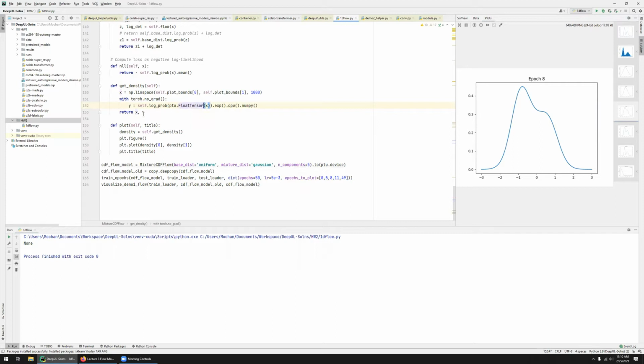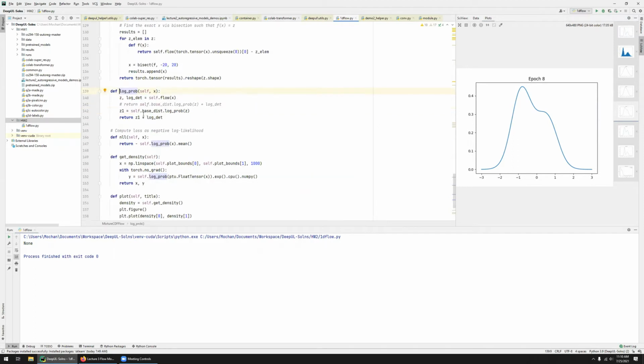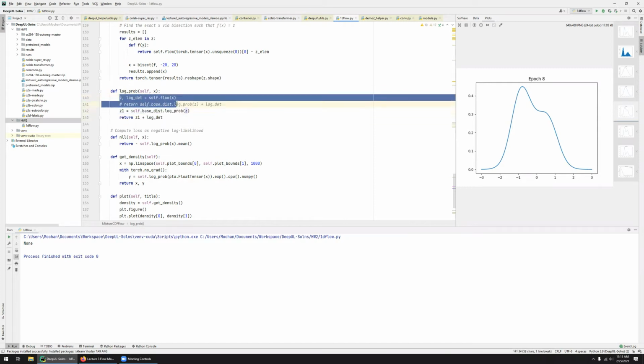So what exactly is log probability doing? I changed this line to 2 lines here, but it's the same idea. Given X, you send it to flow, and it gives you Z and the log determinant back. This is the place where it stops making sense for me.